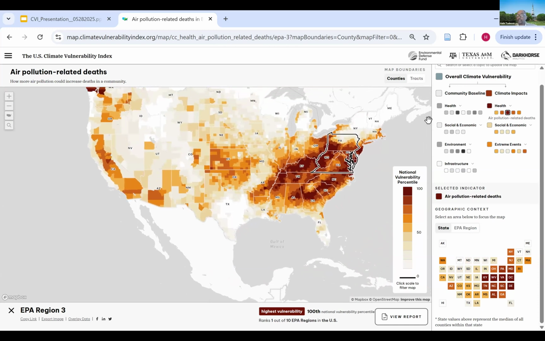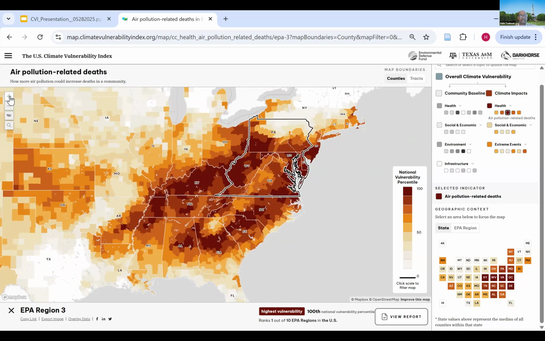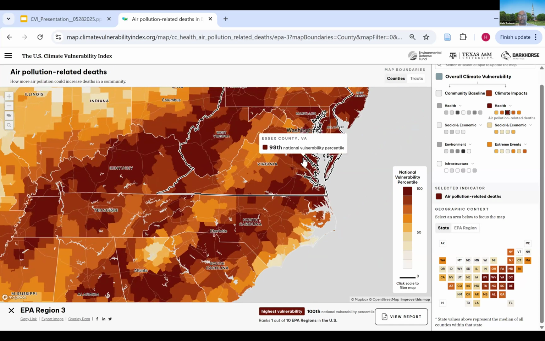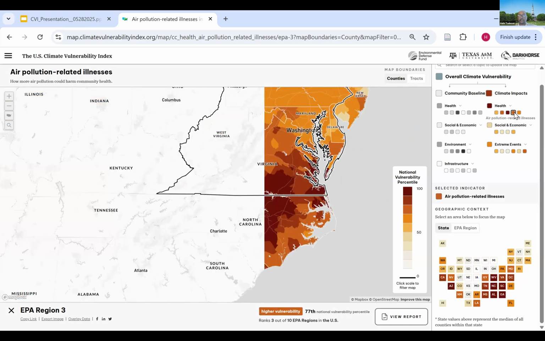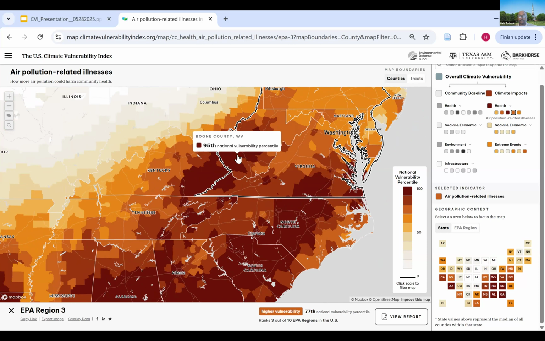Yeah, air pollution related diseases is high in our region. So we can also check which areas have the highest in this. So here, 98, this is Eastern, like West Virginia. 94. Air pollution related, like here, West Virginia.